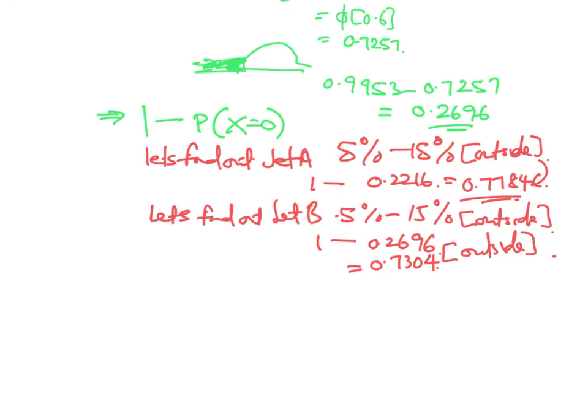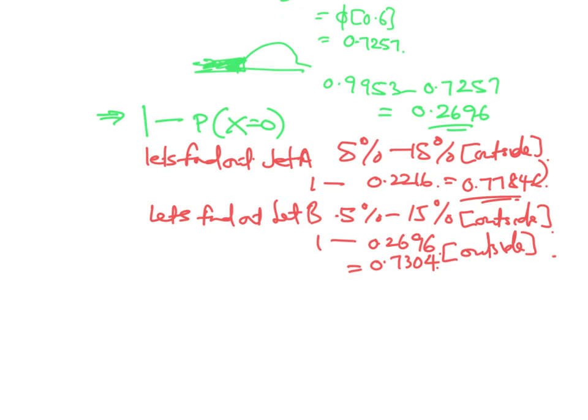So 0.7784 is the probability outside the concentration of 5% to 15% for jet A, and 0.7304 is the probability for jet B outside the concentration 5% to 15%. I hope you guys can get this.